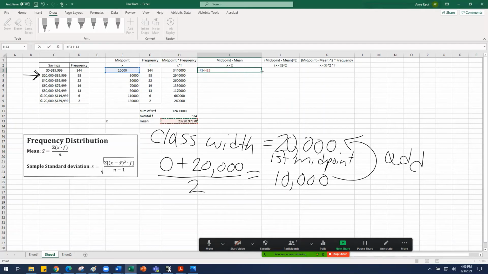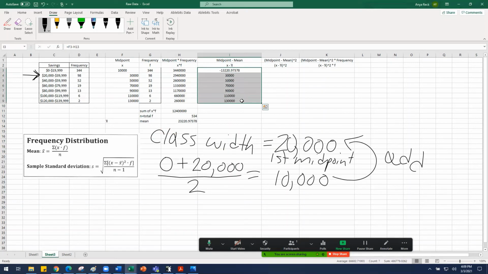Now, when you click and drag this formula, you see what happens with the mean? It's not consistent.